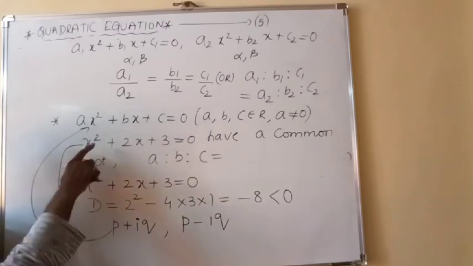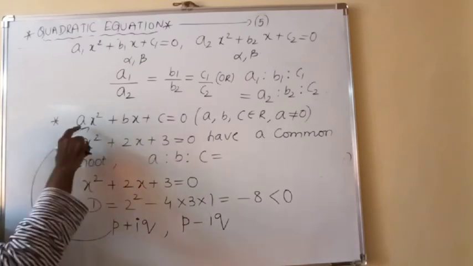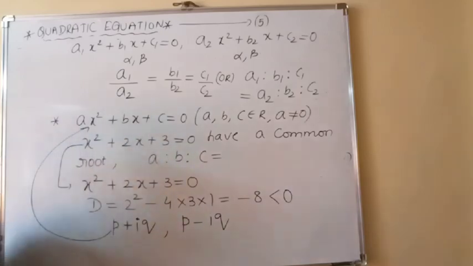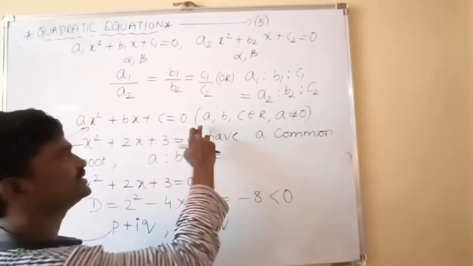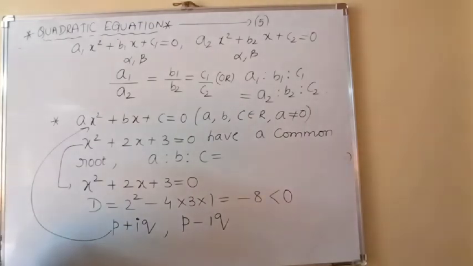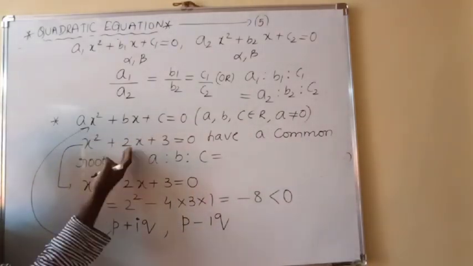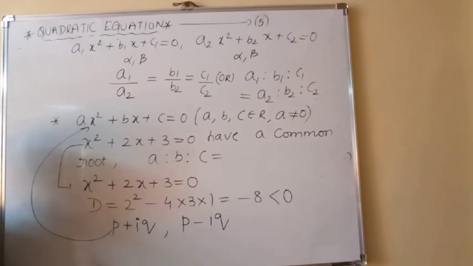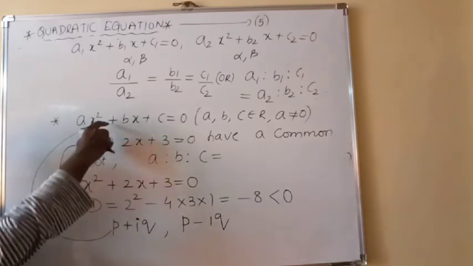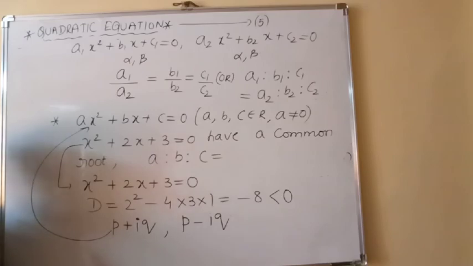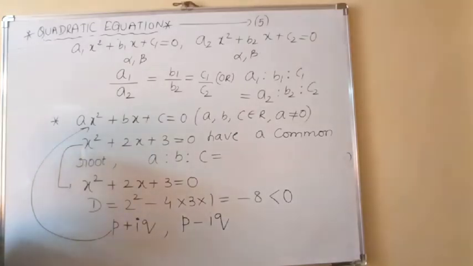If p plus iq is a common root, it is a root of ax square plus bx plus c is equal to 0. As a, b, c are real numbers, the other root of this equation is p minus iq, which is the other root of x square plus 2x plus 3 is equal to 0. So both roots are common.